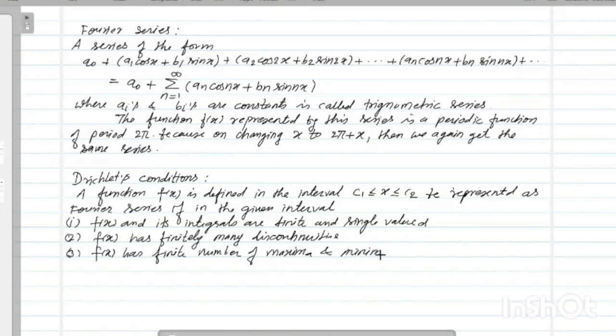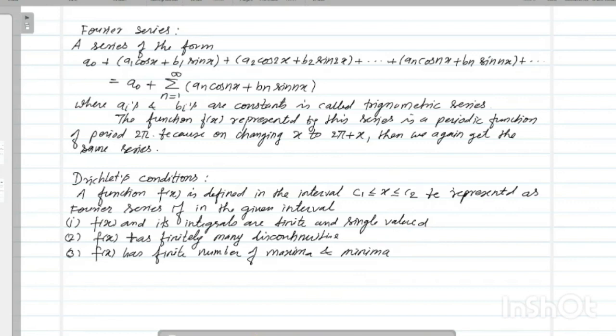So what are the Dirichlet conditions? A function f of x is defined in the given interval, then this function can be represented as a Fourier series if it satisfies three conditions. First, the function f and its integral are finite, and it must be single valued.